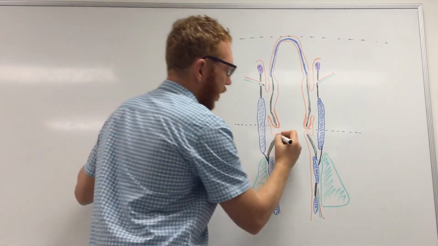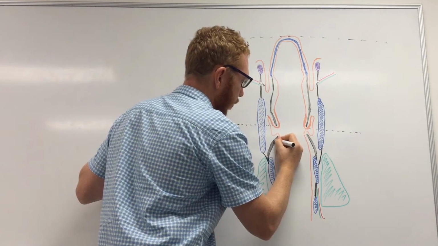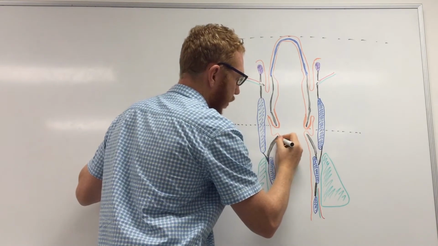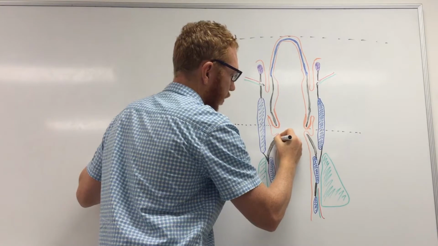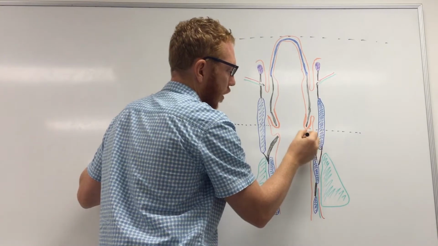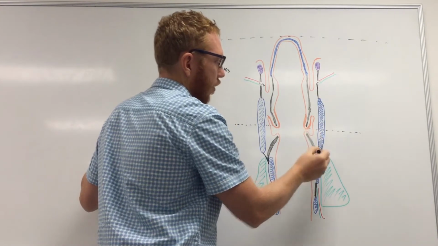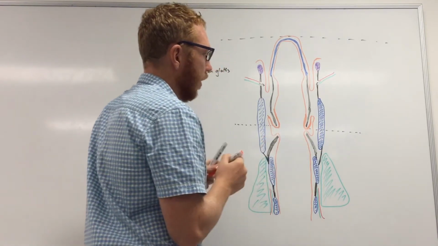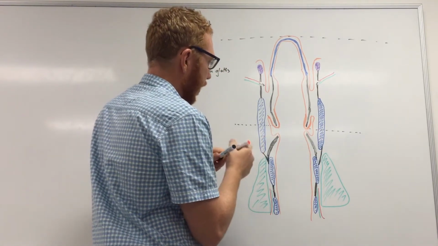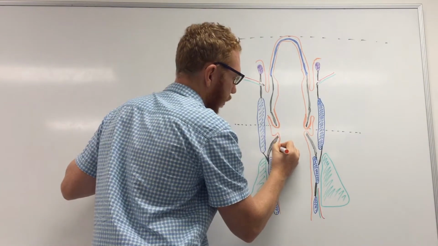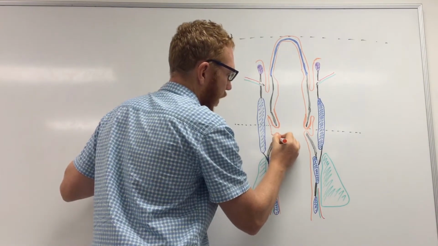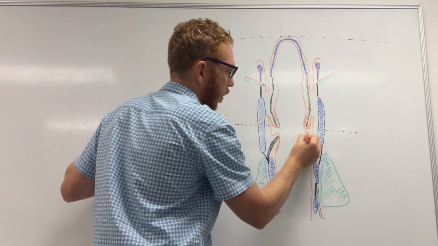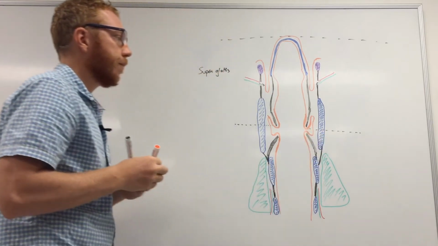Whereas if you then go down to this fold, which is the vocal fold, which has some intrinsic muscles, such as the vocalis, as well as others. It's mostly made up of this vocal ligament, but again surrounded by mucous membrane, which you can see like so. And that's the vocal fold.